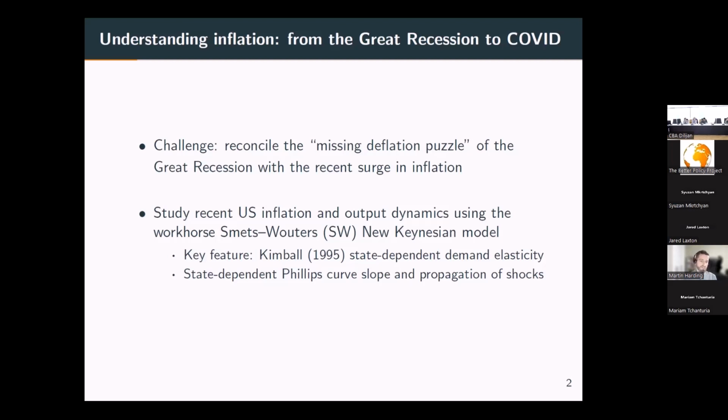Here, I also want to stress that this paper is not going to be exclusively about trying to reconcile the missing deflation puzzle with the increasing inflation after the pandemic. More generally, what this framework delivers is a distribution of inflation that is consistent with the empirical distribution of inflation.